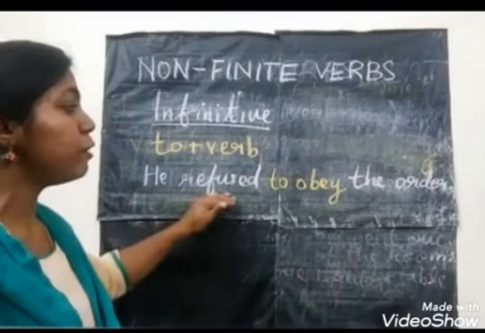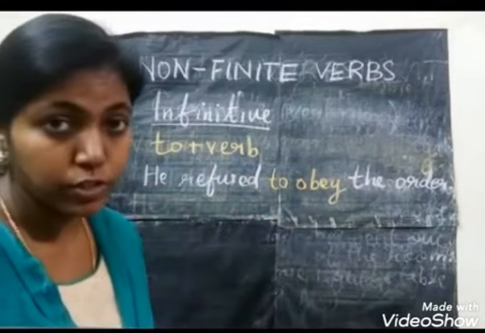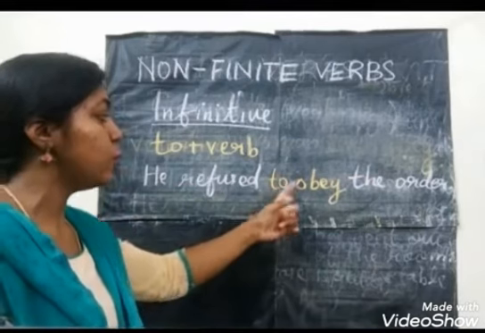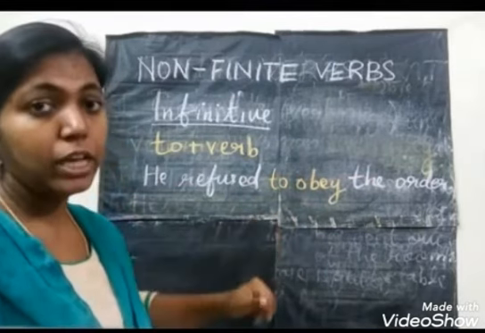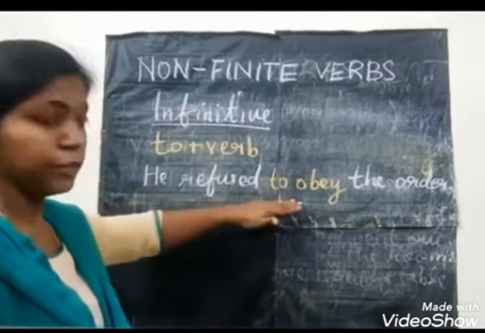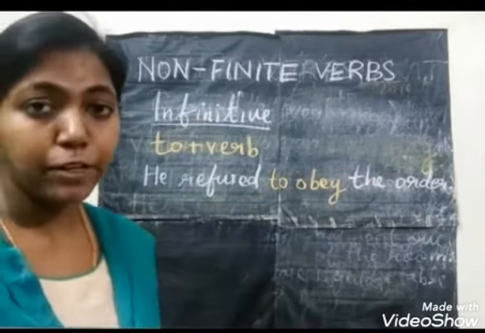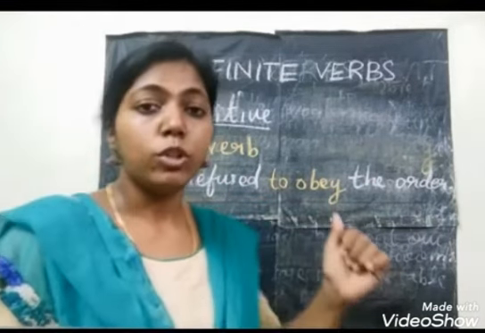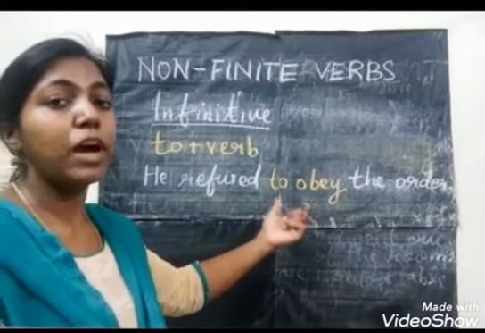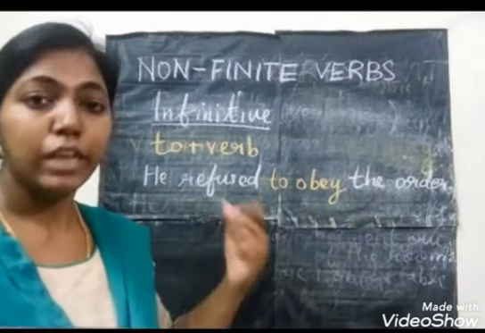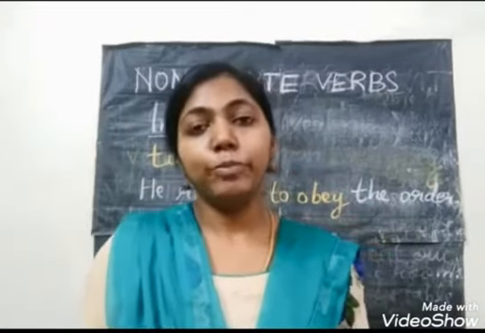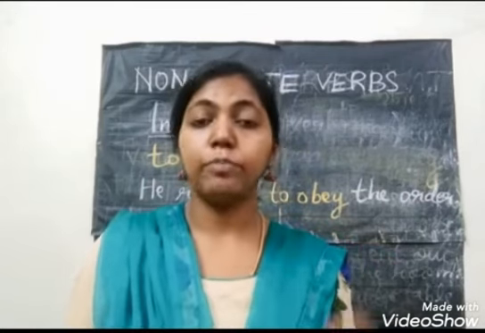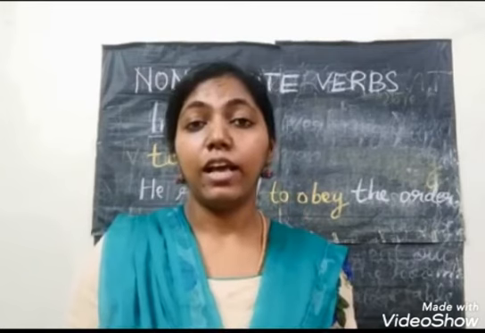He refused to obey the orders. So here you can see to plus verb, to obey, which is an infinitive. The verb that is preceded by to is an infinitive. So, children, you'll be studying about participle, gerund, infinitive in detail later.